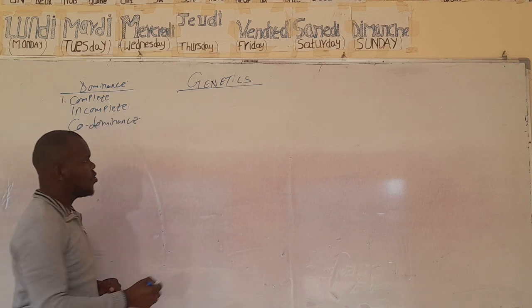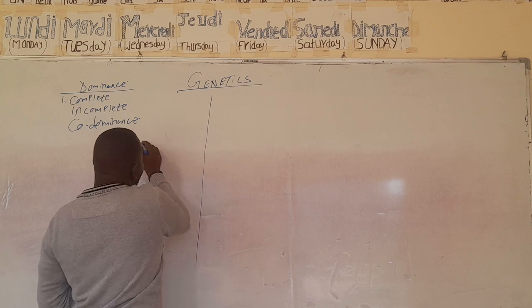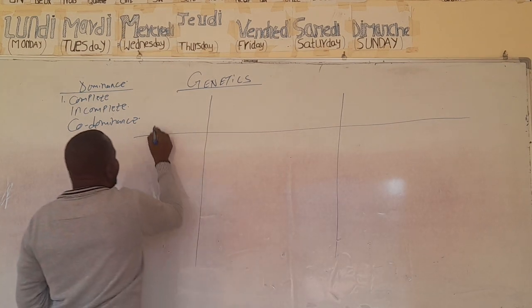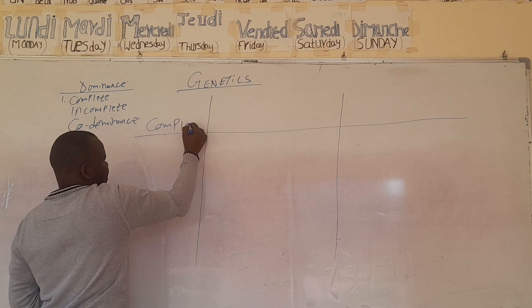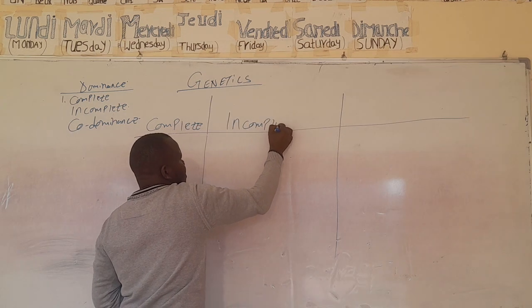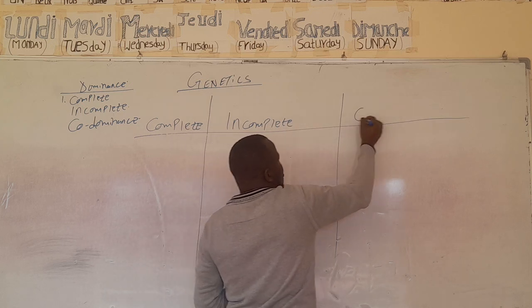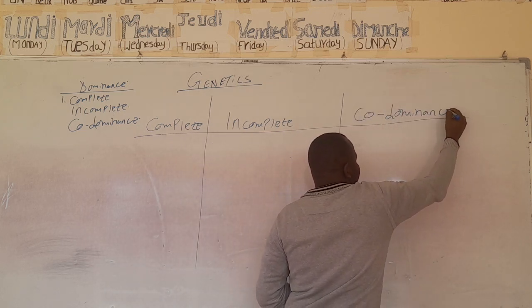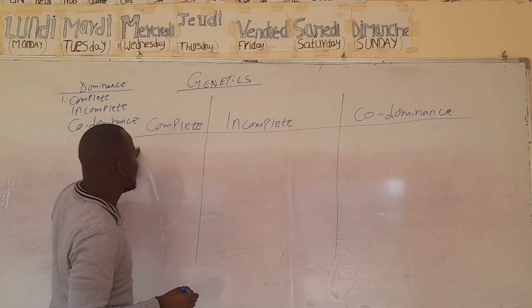From this point now, let's use a table format. We check complete dominance, incomplete dominance, and codominance. What is the definition of complete dominance?